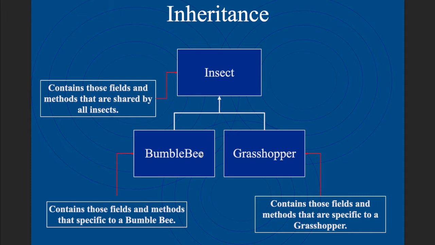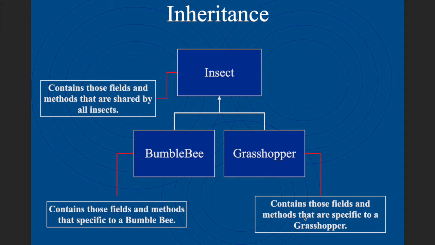But also, since they are different guys, we still need to write some specific fields and methods for each of them, for bumblebee and for grasshopper. So bumblebee will contain those fields and methods that are specific to a bumblebee.